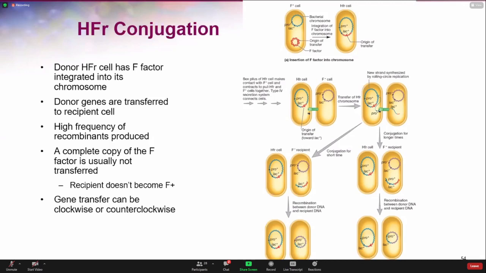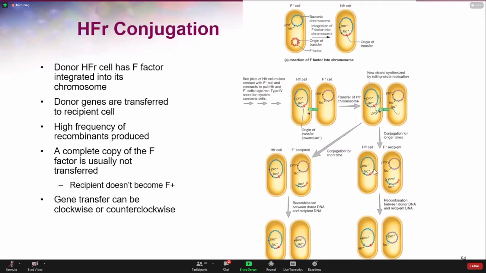So if you take bacteria that have the F factor inserted into their genome and you have them sit with recipient cells, some of the recipient cells will display a brand new phenotype apart from just having the F factor.